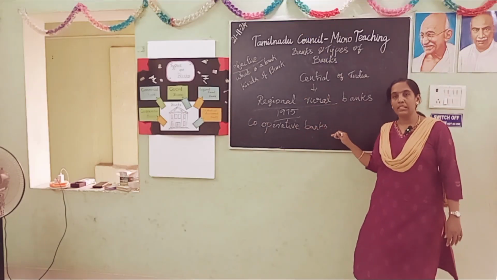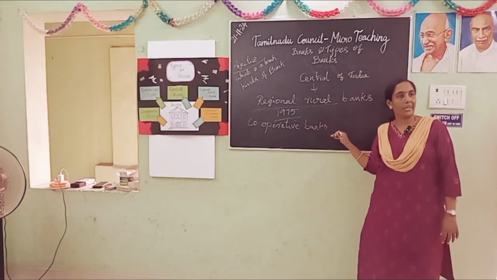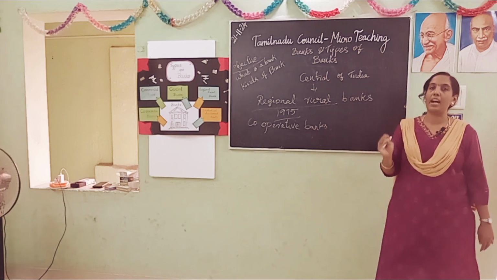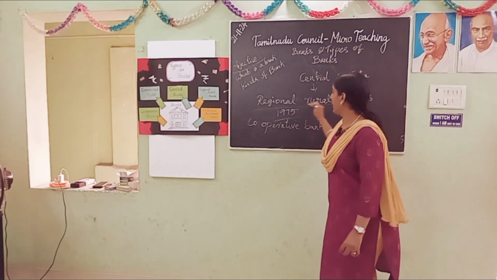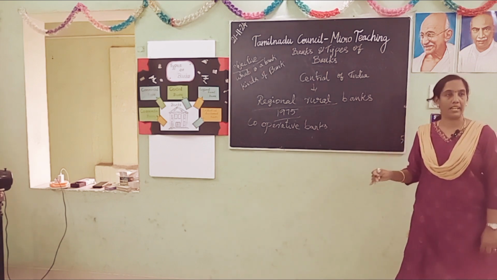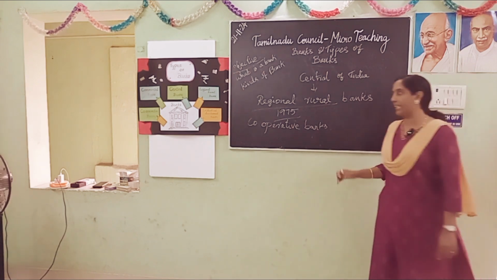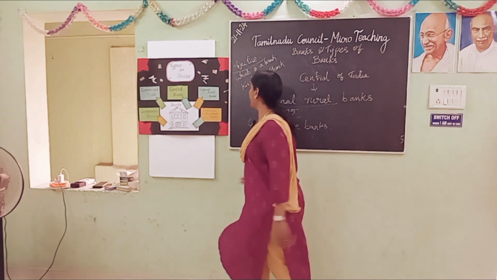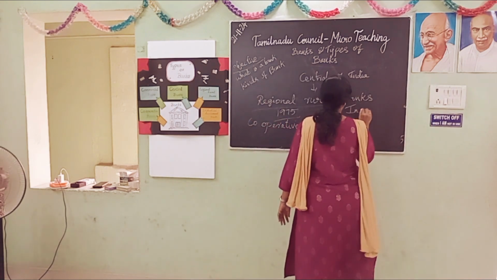Cooperative banks are started by separate individuals, but they are regulated under the Banking Regulation Act and registered under the Indian Cooperative Society Act. Next comes the Industrial Development Bank.